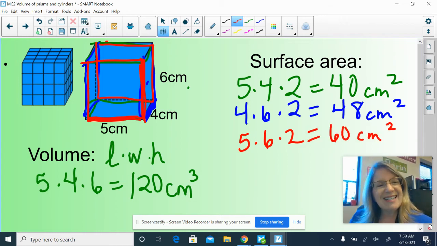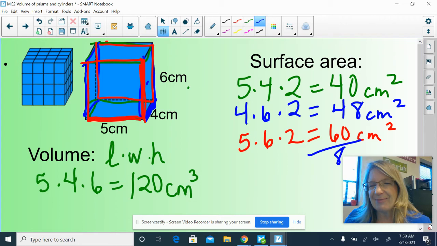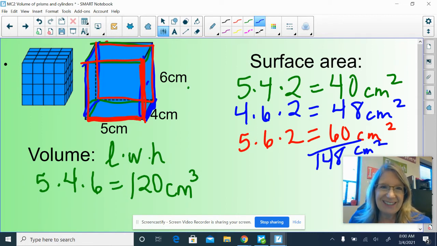Here we have all 6 sides measured for area, and now we just add. So let's see, vertically in the ones is an 8. I kind of squished my spot there. 10, 14. So it'd be 148 centimeters squared for surface area.